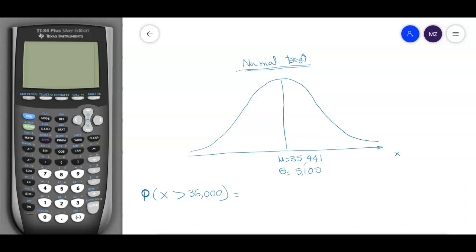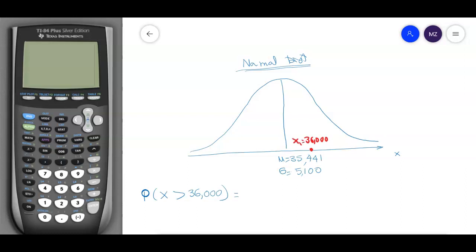So how can we do this one? Again, we need to identify where the 36,000 is. If this is 35,441, then 36,000 is going to be somewhere here on the right-hand side. This is the 36,000 location, and let's call it x1.